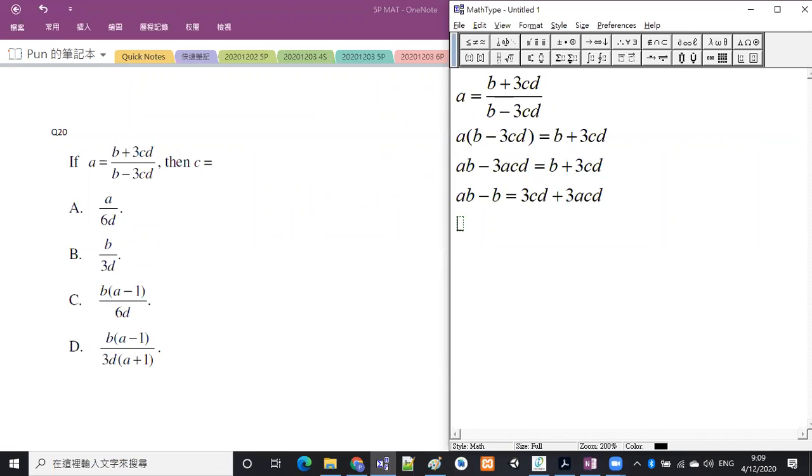And I need to take out the common factor C, okay? And it's 3D plus 3AD. Sorry, it's C, not 3, C.